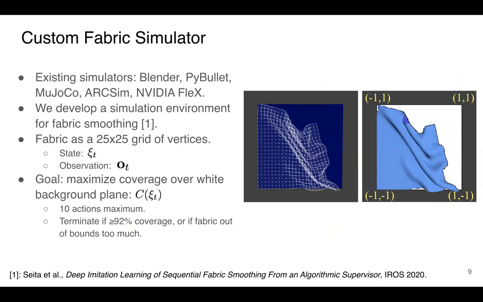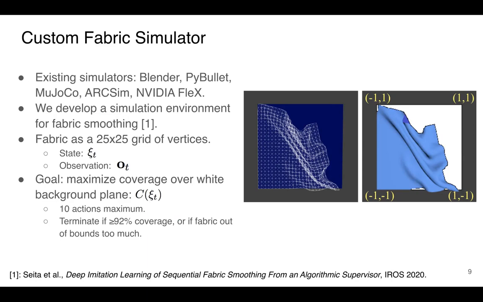Number one, existing fabric simulators were either under development concurrently with our work, so we didn't know we could use them, or they were very high fidelity, which means they're very accurate in terms of physics, but that also means that they might be very slow. We need a trade-off between something that's just accurate enough, but also fast enough that we can get a lot of data.